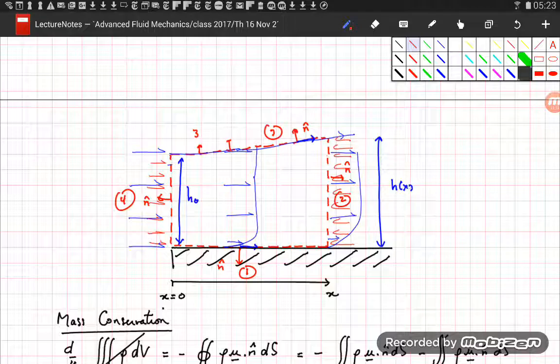Now, because h of x is a little bit bigger, it might seem that this is in imbalance, but this is not the case, because here we have also pressure pushing in the normal direction. Right? So it will mostly push downwards, but with a little component to the right, which will compensate the deficit of pressure which we have on surface 4 compared to surface 2.